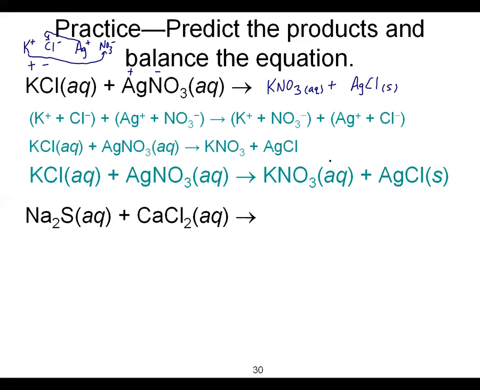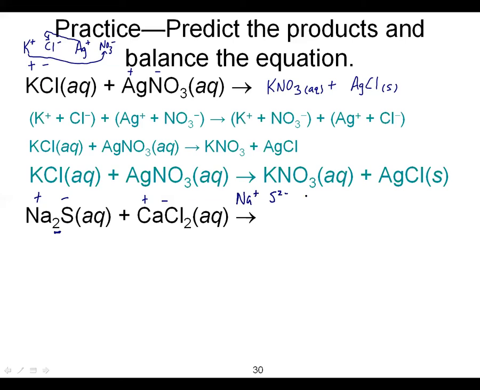Now we do the same approach for the bottom one. It is again a double displacement reaction, and we can tell because we have a positive and negative guy, and a positive and negative guy. The basic unit of sodium is sodium with a +1 charge, and sulfide is -2.